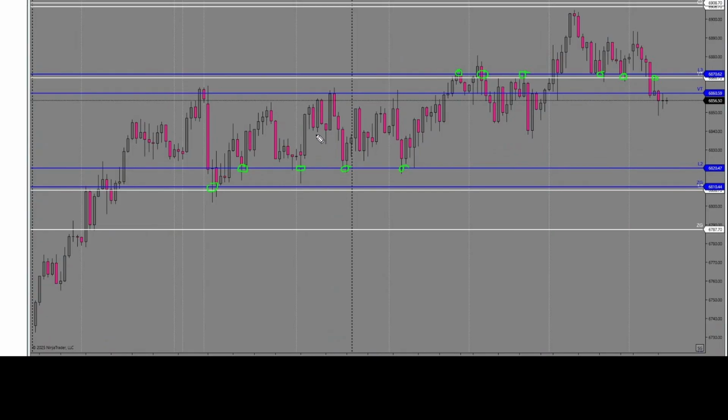So remember, blue is for SPY and white is for SPX. All this information is recalculated and transformed every day for use in the ES and NQ futures market.